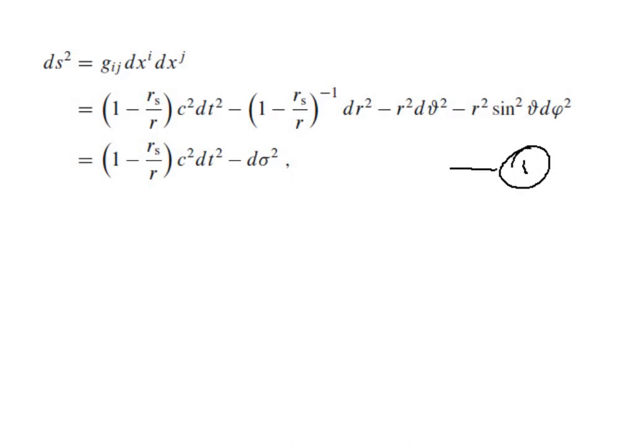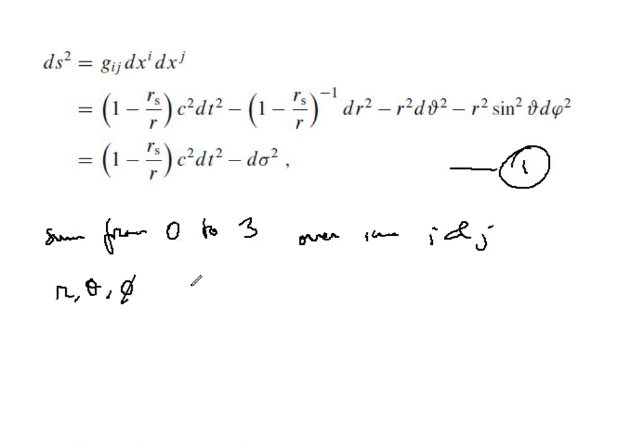Now note that here we have to sum from 0 to 3 over indices i and j, where the usual spherical coordinates r, theta, phi are taken as spatial coordinates x1, x2, x3, and x0 is equal to ct.